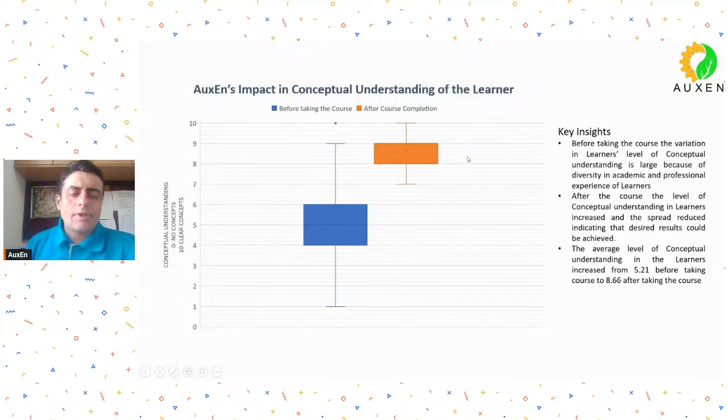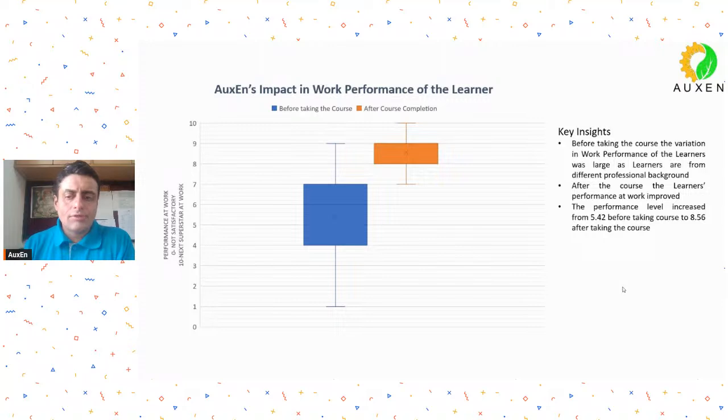When we asked what was our impact in the conceptual understanding, from 5.21, the participants after taking the course said that their levels rose to 8.66. These are, of course, average results. You understand that. Then, how did our courses help in the work performance? So, from a level of 5.42 to around 8.56.